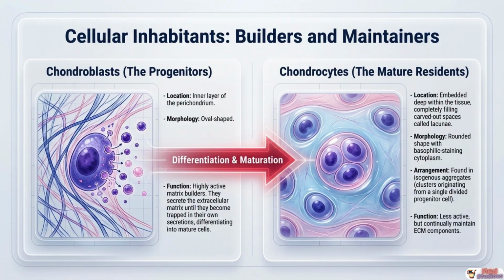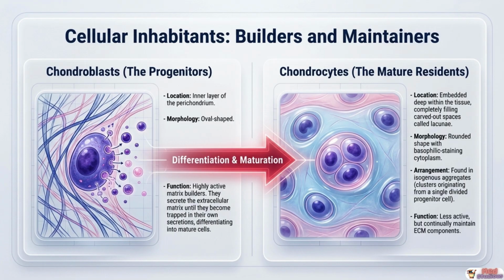Chondrocytes are the long-term cellular inhabitants of hyaline cartilage. They sit within small cavities in the matrix, called lacunae, spaces that perfectly conform to the shape of the cell that occupies them. Chondrocytes have a characteristically rounded shape, with basophilic staining cytoplasm. They are far less metabolically active than chondroblasts, but they are not inactive.